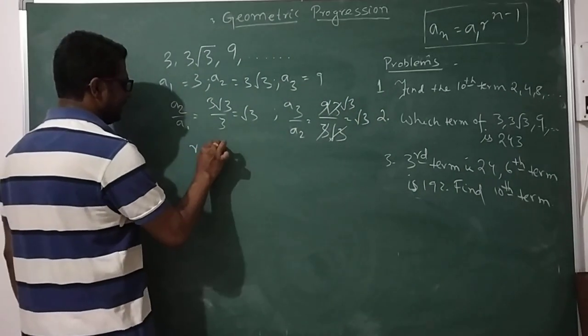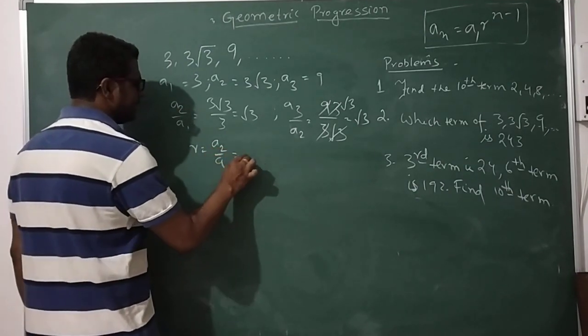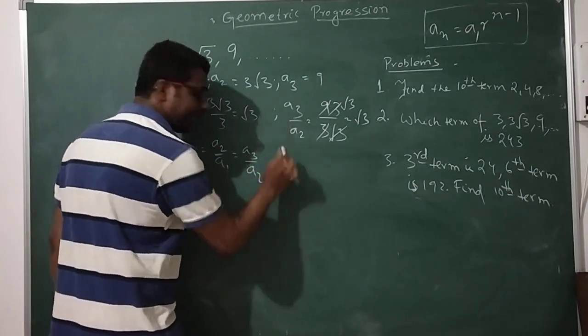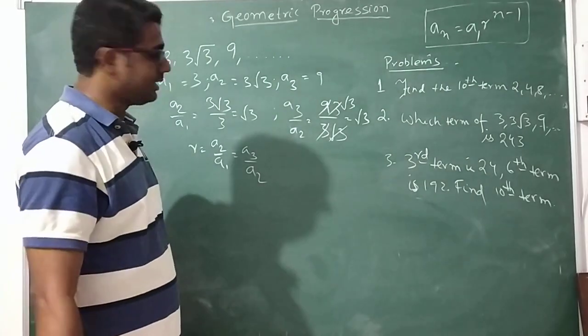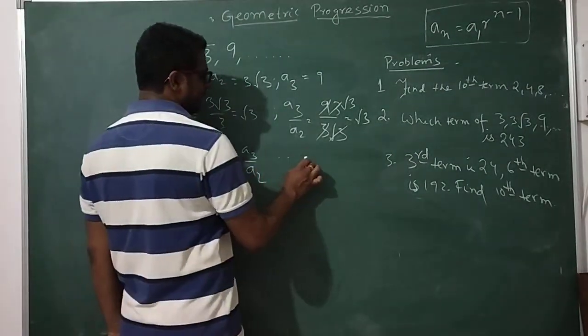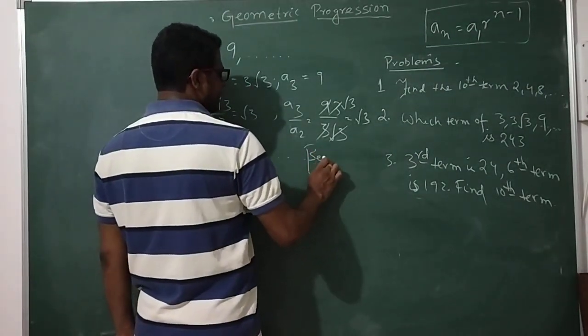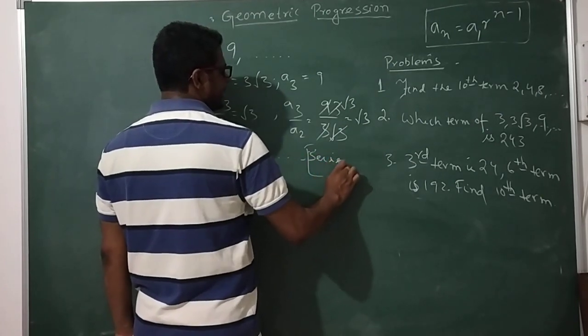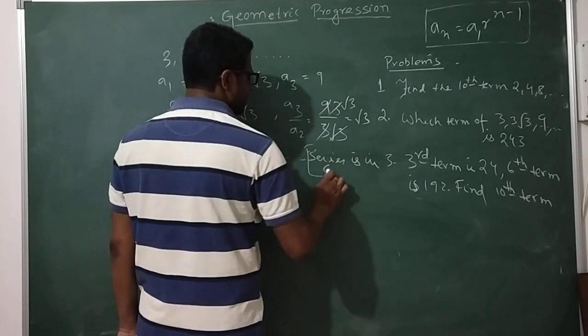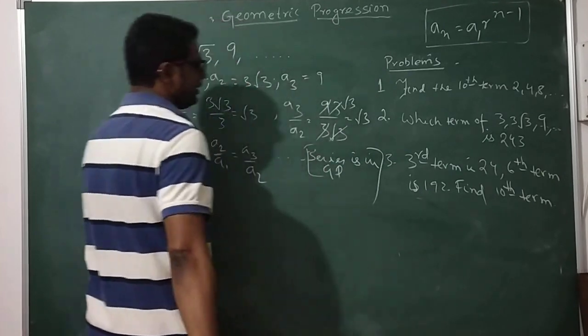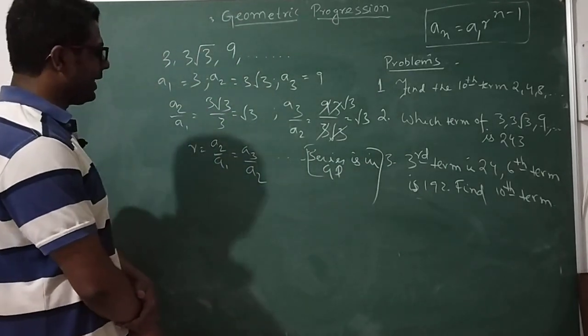So I can write r is equal to A2 by A1 is equal to A3 by A2, correct? If I can write this, then I can also say therefore the series is in GP.